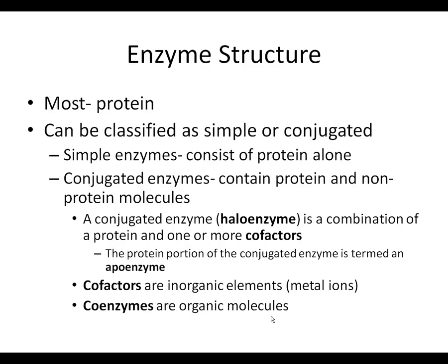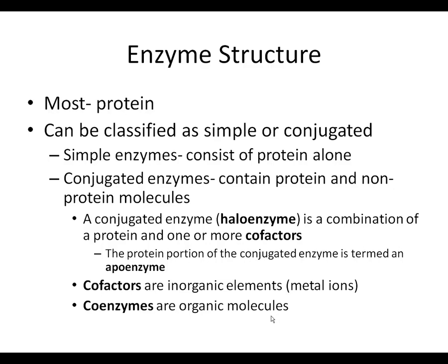Conjugate enzymes contain protein, but they also are going to contain some sort of non-protein molecule that attaches to the protein portion of the enzyme. These conjugate enzymes are called holoenzymes, and these holoenzymes have two parts. They have the protein part, and then they have the cofactor or coenzyme part.